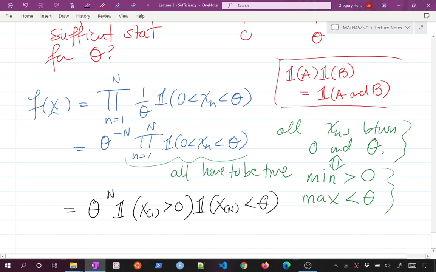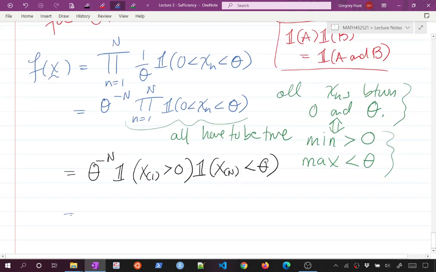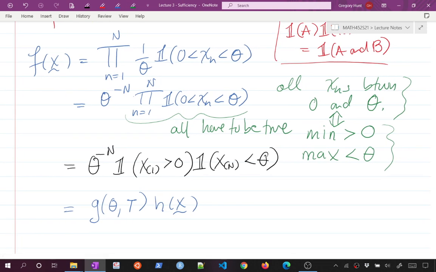I want to find a sufficient statistic. So what I need to do is convince myself that there's some g of theta and t. I don't know what the t is. We'll have to figure that out. And then there's some h of x, so that I can write this joint distribution in this factored form. So what is the way to do that?